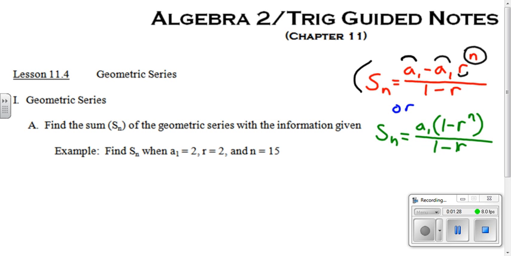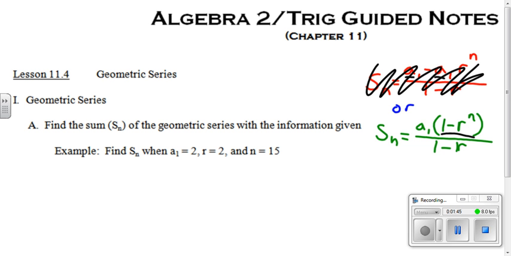Now that's not too terribly difficult, but we can factor out this a sub 1 and make it look like this green one. So we'd have the a sub 1 on the outside times 1 minus r to the n, all over 1 minus r.